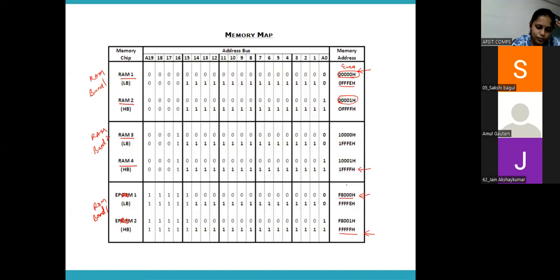Take 2 minutes, think, you will be able to see. If this is going to be 0FFFFE, this is obviously going to be 0FFFFF, क्योंकि 0 अगर इवन बैंक में जा रहा है, 1 ऑड बैंक में जाएगा। ऐसे ही आप last का जब compare करोगे, अगर ये 0FFFFF है तो ये 0FFFFE होगा। But how did I get the 0FFFFE? That is what I am asking.